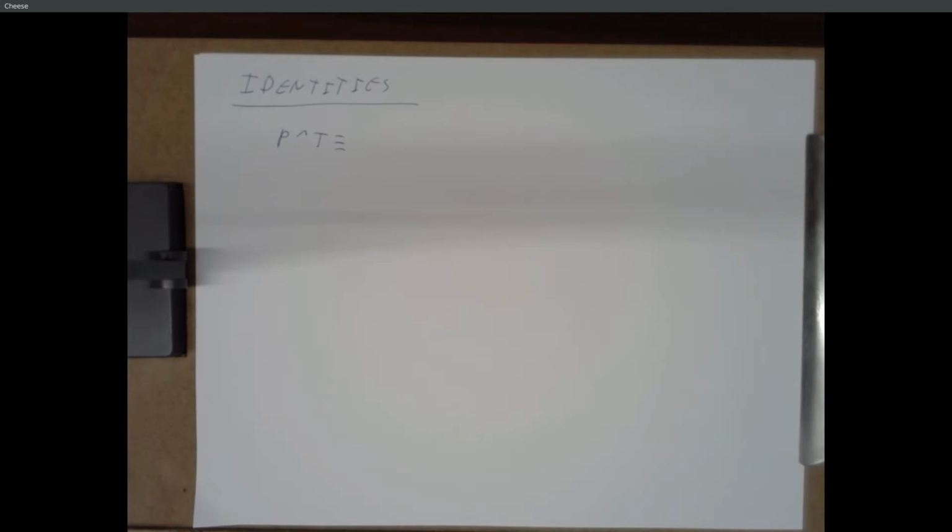So this statement says today is Wednesday and true. Not false. But if P was the proposition today is Monday, then today is Monday and true would be false. So this could be true, it could be false, but it's equivalent to something simpler than this. It's just equivalent to P.